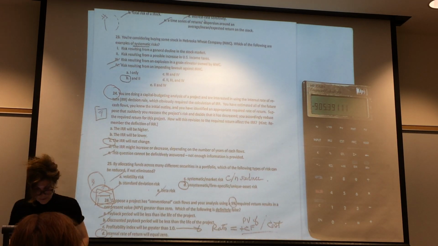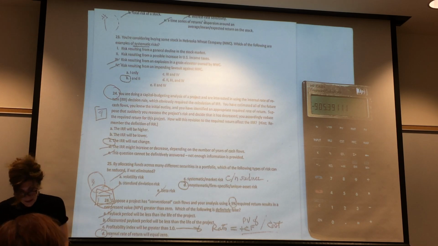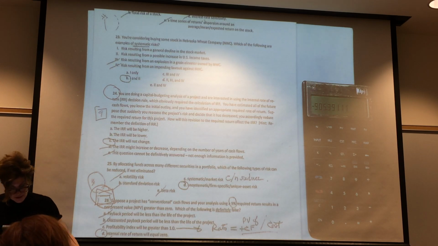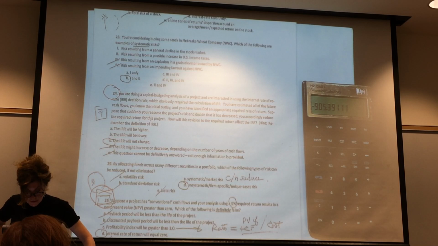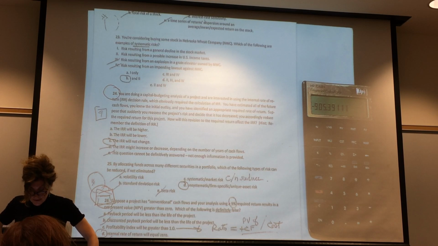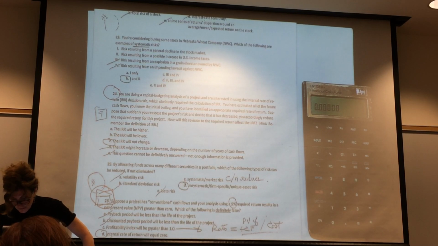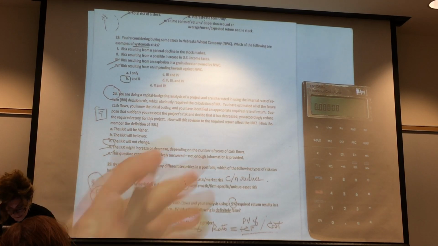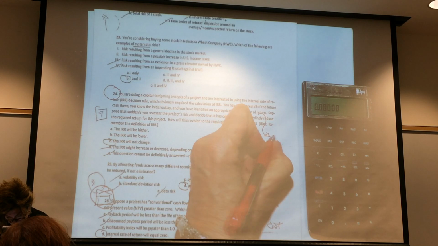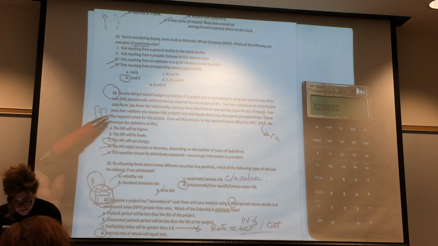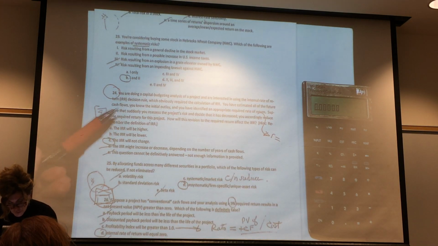Here's a couple concept questions. You're doing a capital budgeting analysis of a project and are interested in using the internal rate of return decision rule, which obviously requires a calculation of that. You have estimated all the future cash flows, you know the initial outlay, and you have identified an appropriate required rate of return. That's your R. Suppose that suddenly you reassess the project's risk and you decide that it has decreased.